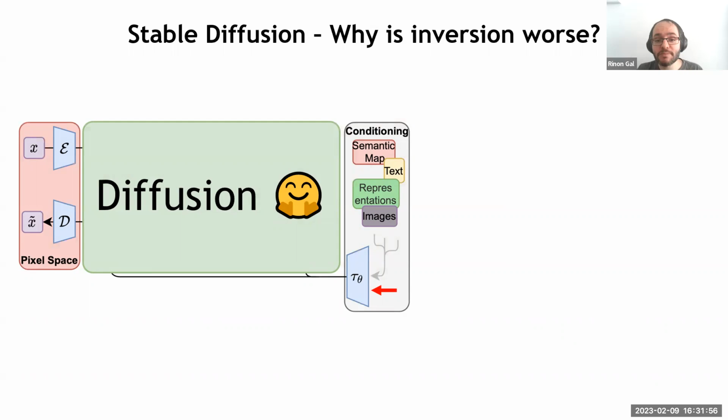And here I can mostly speculate, but the two main reasons we think are involved here are, first of all, stable diffusion changed the text encoder from a BERT transformer that is trained jointly with the diffusion model into a pre-trained CLIP encoder. Why is this important?